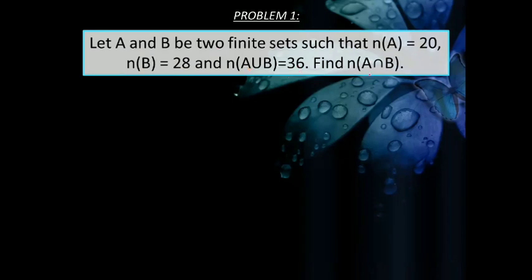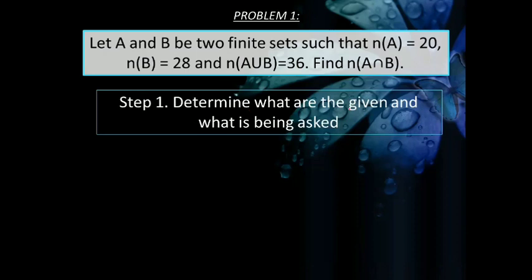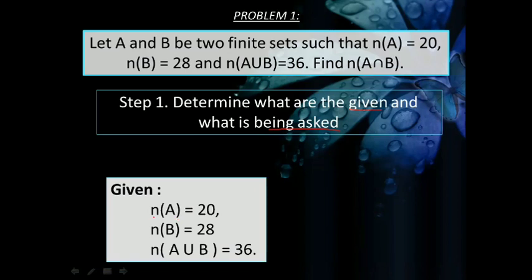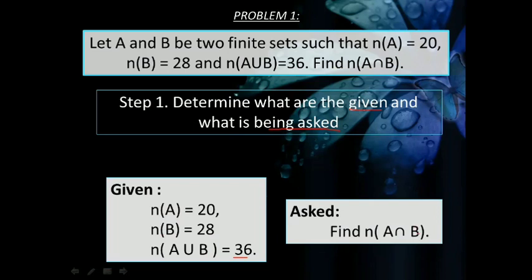Find the number of elements of A intersection B. Our first step is to determine what is given and what is being asked. Our given is the number of elements in A is 20, the number of elements in B is 28, and the number of elements in A union B is 36. What is being asked? Find the number of elements of A intersection B.